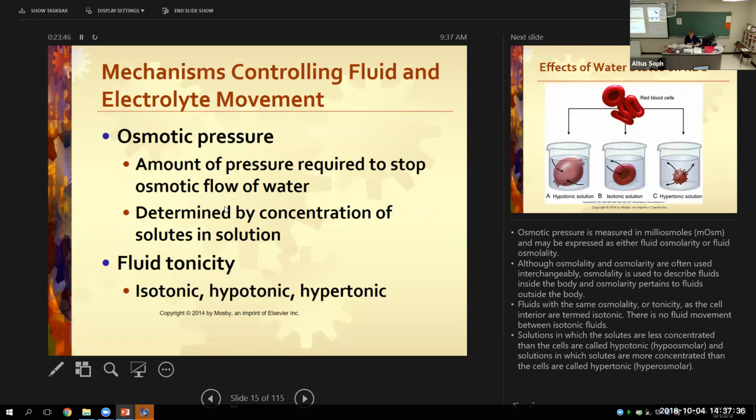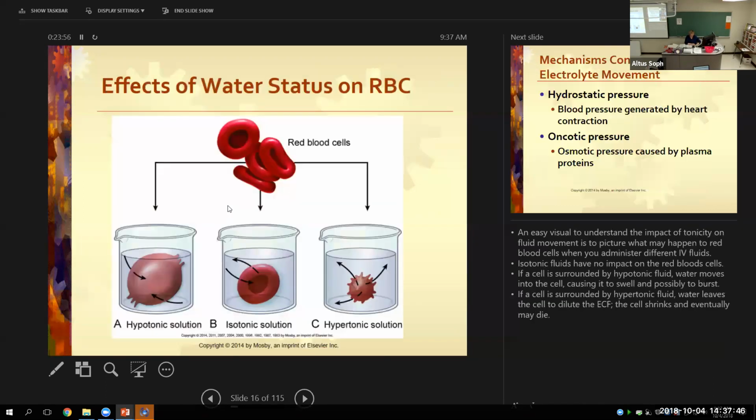So again, when we're talking about IV fluids, I know this gets really confusing, but think in terms of isotonic, hypotonic, and hypertonic, and what happens to your blood cells in those different solutions. Isotonic: as long as your electrolytes are normal, and you're not really dehydrated or overhydrated, but you still maybe need some IV fluids, you're probably going to be given some type of fluid that is isotonic in nature, okay?